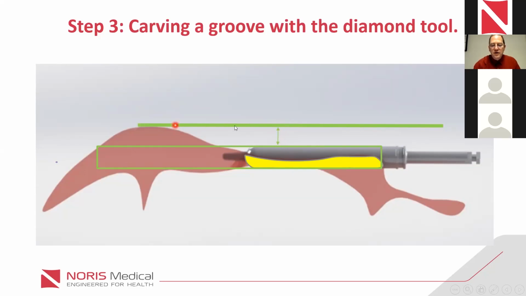When you put a parallel line to the diamond, the distance here is giving you the right indication. If you can measure this distance before the surgery on your software, and I will show that in a minute, then when you actually make the groove, you will see this point.